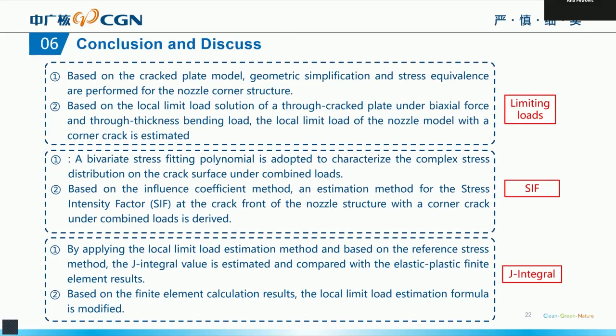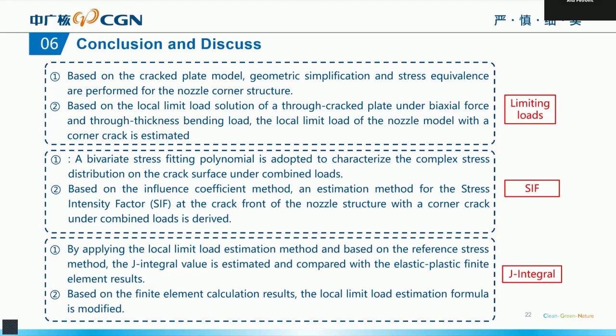This is the most different research result from the traditional one parameter fitting method. And based on the influence coefficient method, an estimation method for the stress intensity factor at the crack front of the nozzle structure with a corner crack under combined load is derived.